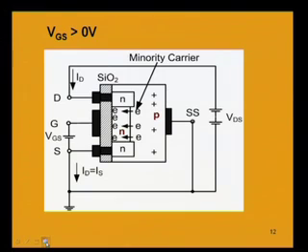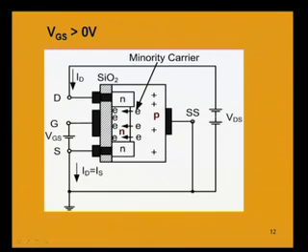When we apply gate to source voltage positive, the positive terminal of the gate to source voltage will attract the minority carriers, which are electrons, from the p substrate.